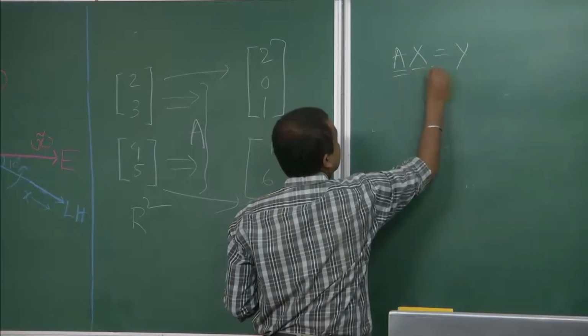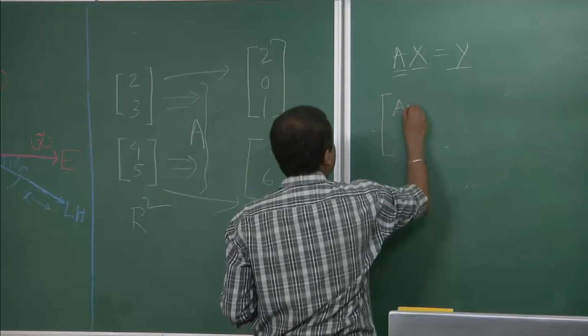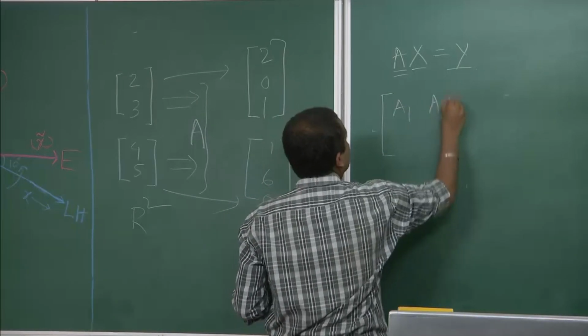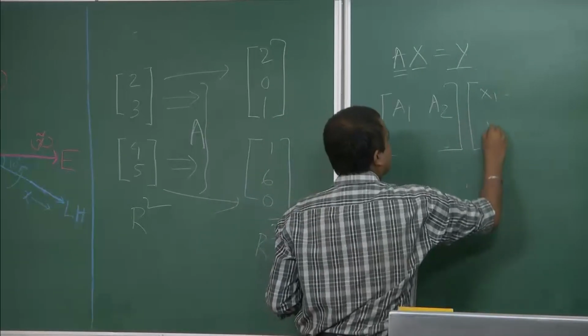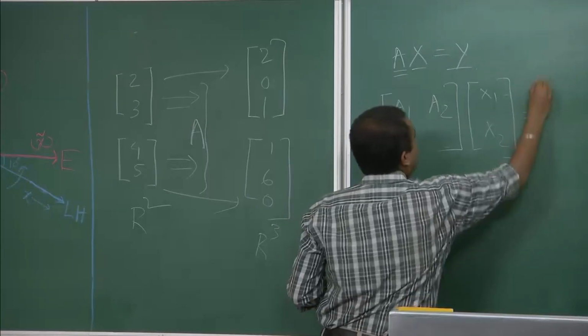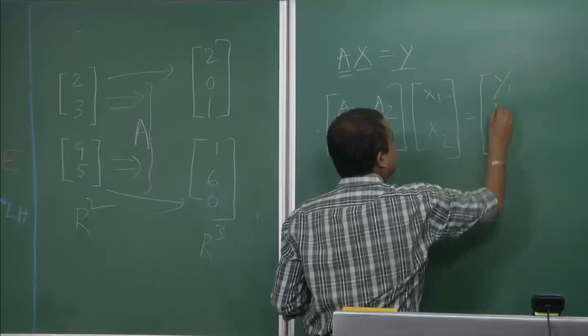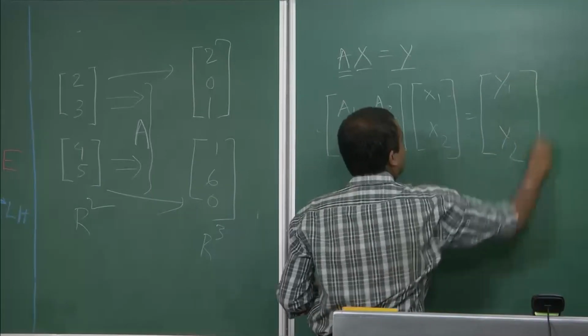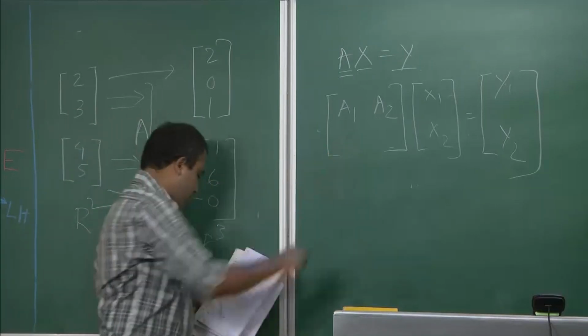So this is a matrix, this is a vector, and in that we denote the columns as A1, A2, and we have this X1, X2, Y1, Y2. So these A1, A2 are columns.